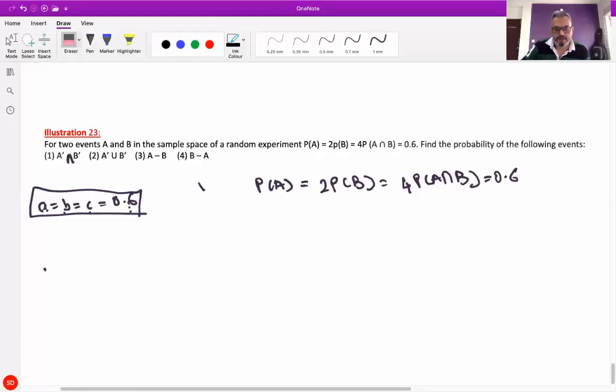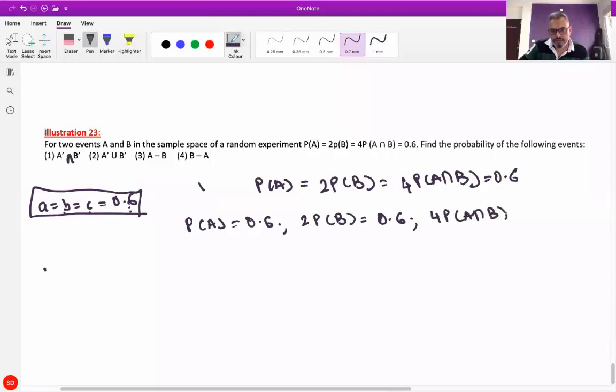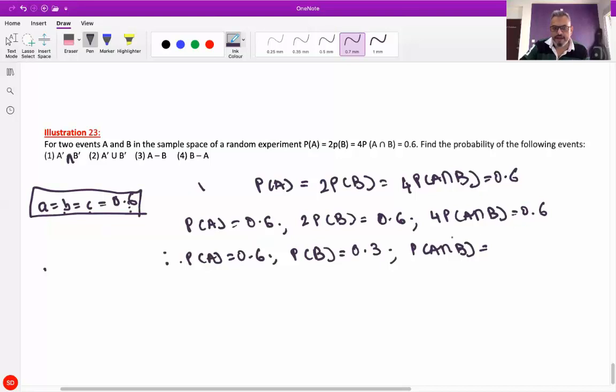So how we have to do it: P(A) = 0.6, 2P(B) = 0.6 and 4P(A ∩ B) = 0.6. Therefore P(A) = 0.6, P(B) = 0.6 divided by 2 is 0.3, and P(A ∩ B) = 0.6 divided by 4 is 0.15.